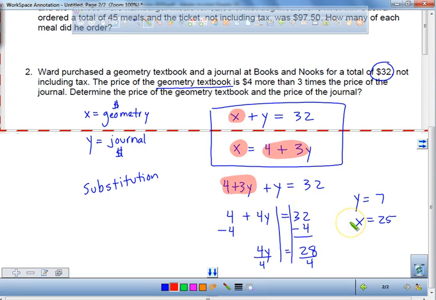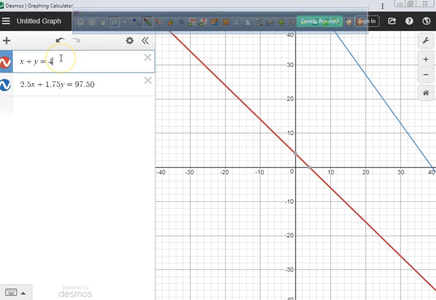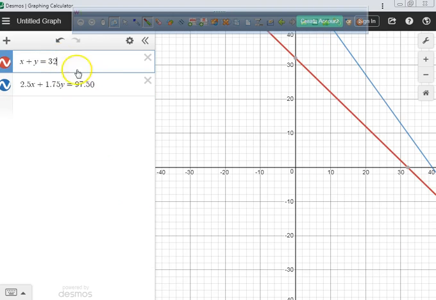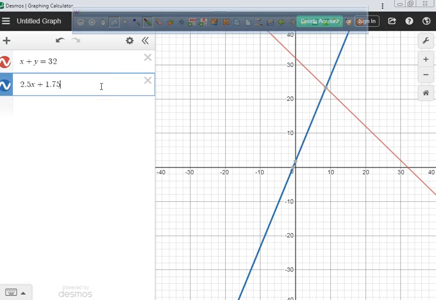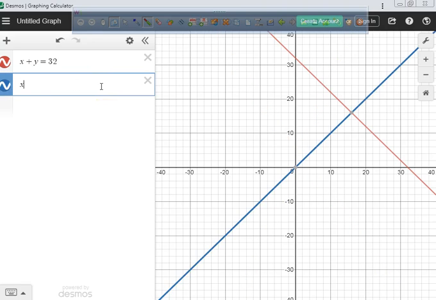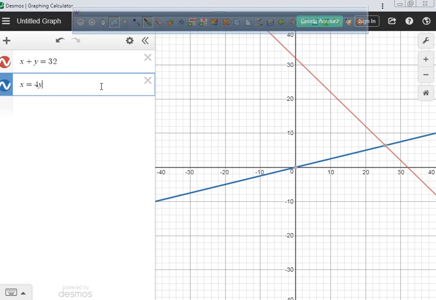We're going to go and type those in Desmos, and we'll see where they intersect. They should intersect at 25 and 7. Change that to 32. x equals 4, no, not 4y, 4 plus 3y.